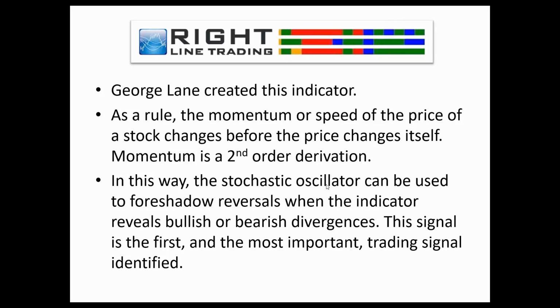Right behind him there was, I think, Williams percent K, relative strength, ADR, ADX. Essentially, they're all created to provide you with divergent signals, to fade the market, to see when the oscillator is overbought and anticipate a short trade, to see when the oscillator is oversold and anticipate a long trade.